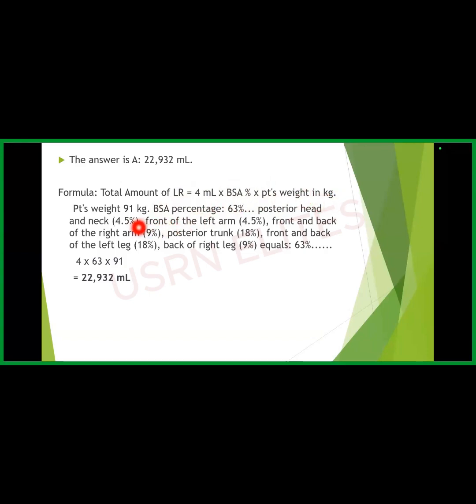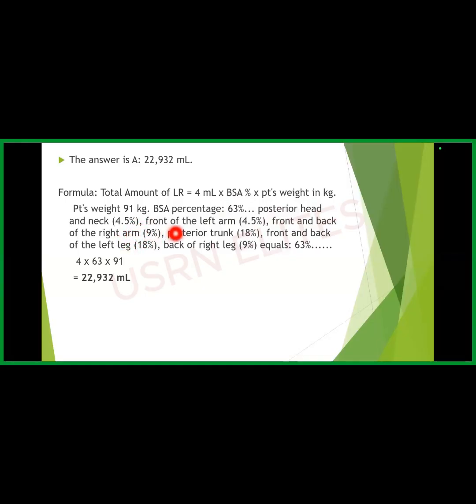The patient weight was 91. If you do it well, you will get 63% for the burn surface area. In the question, they said posterior head and neck. When we were revising, I told you that you might be given parts. So posterior head and neck was 4.5, half of the 9.